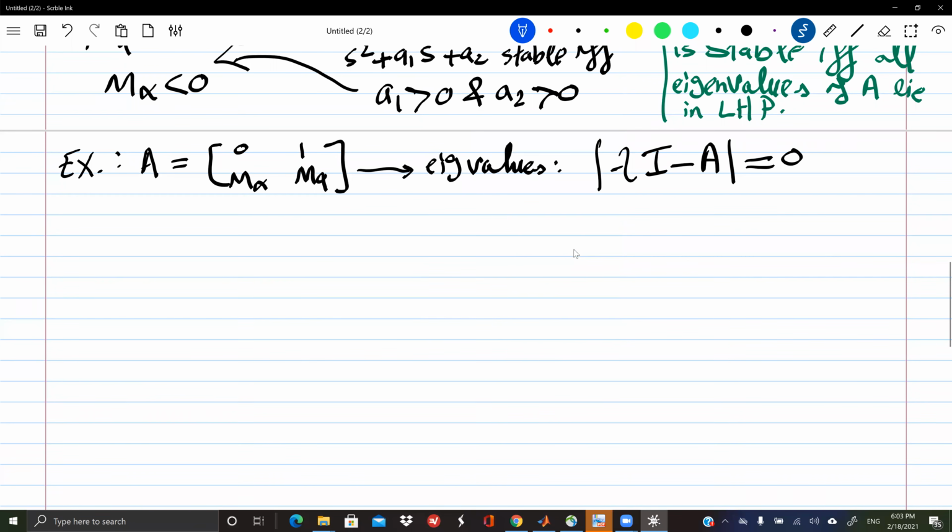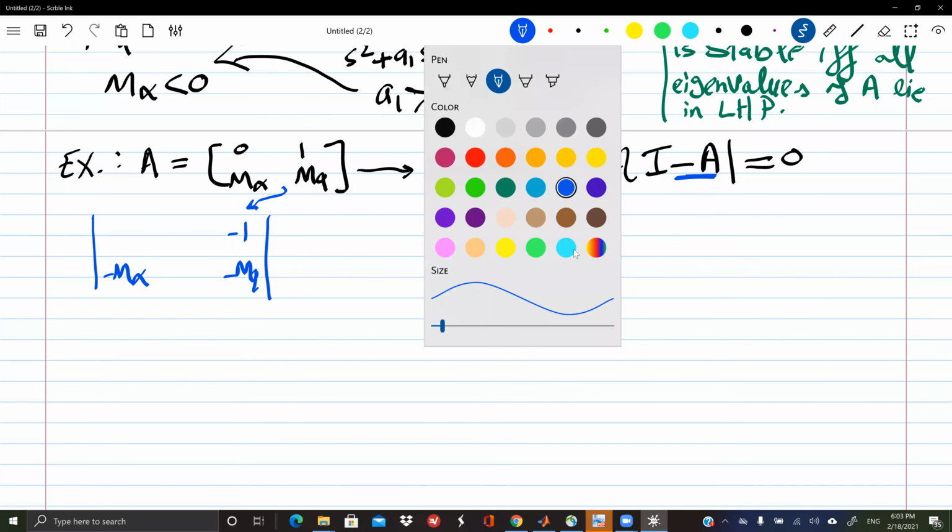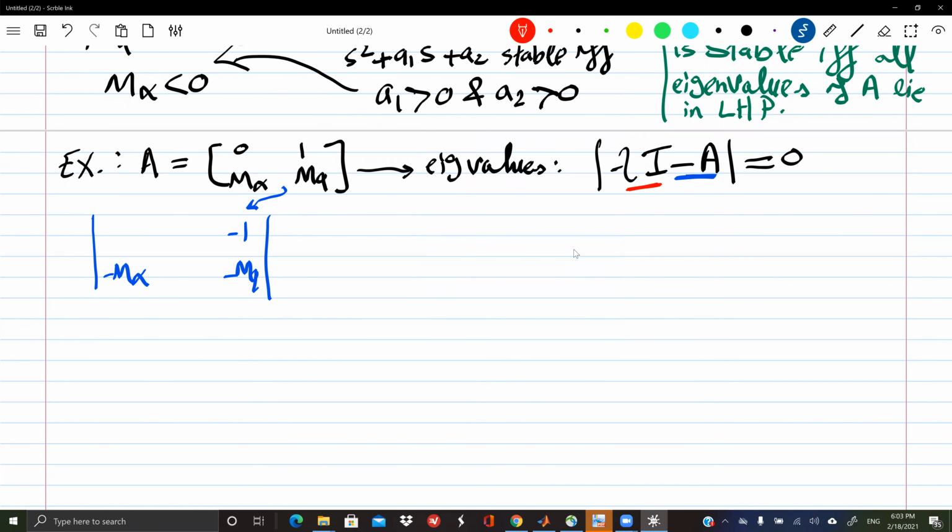So how do you get lambda I minus A? That's easy, actually. Let's get minus A first. So copy all these things with minus sign. So I have minus 1, minus M alpha, minus MQ, everything with my minus sign. And then add lambda I, add lambdas over the diagonal. So this is lambda, lambda, that's it. That's easy. Then get the determinant, please. As you remember, this times that minus the other way around.